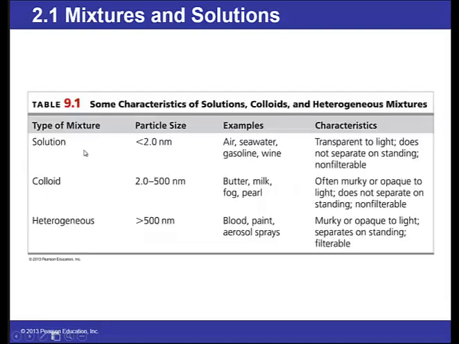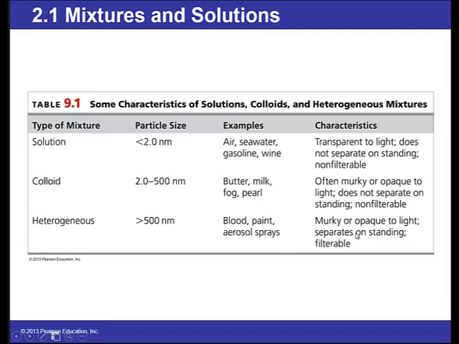So our types of mixtures: heterogeneous or homogeneous. Heterogeneous, listed down here, has particles in them that are greater than 500 nanometers. Typically they'll separate on standing, so you could probably filter solid particles out of a heterogeneous mixture.